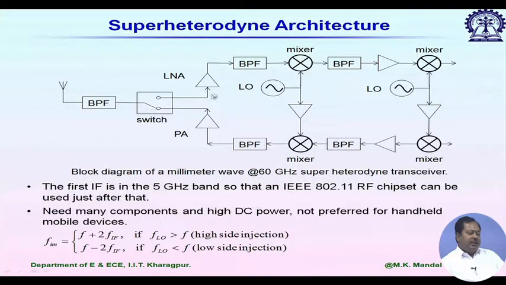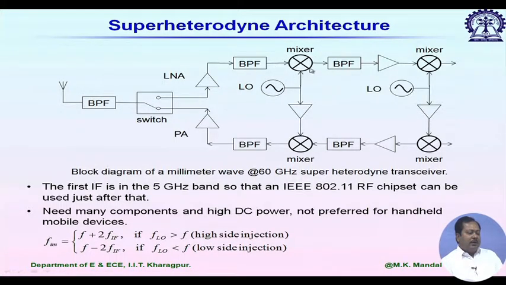For the receiving part, the first element is the low noise amplifier, which should have a very small noise figure, and we already know why. For the transmitter, the last component in this chain is the power amplifier, and then we have one band pass filter followed by a mixer.